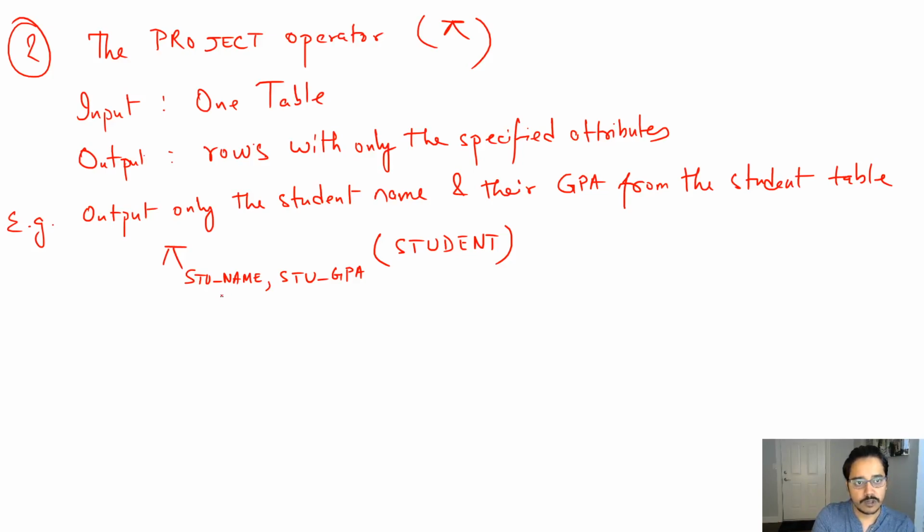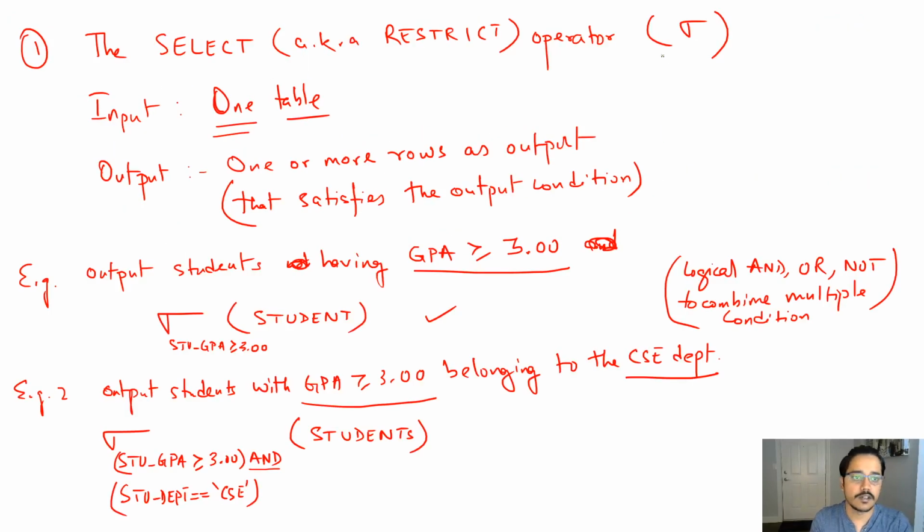So if we read between the lines, the project operator helps us with vertically partitioning the table, okay? Whereas the select operator helps us to horizontally partition the table, okay?